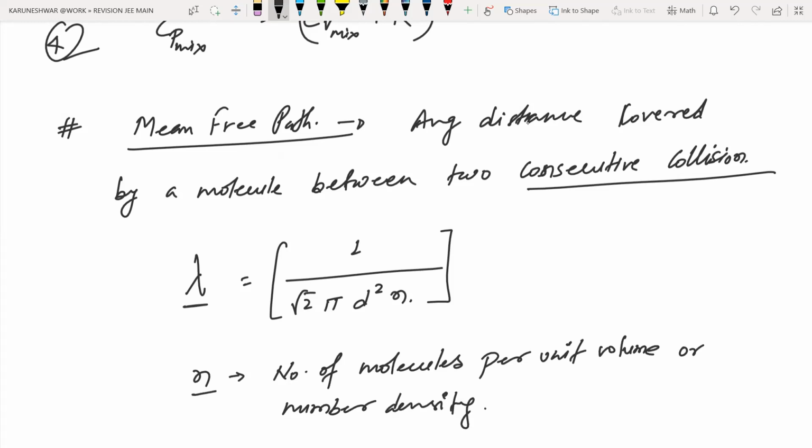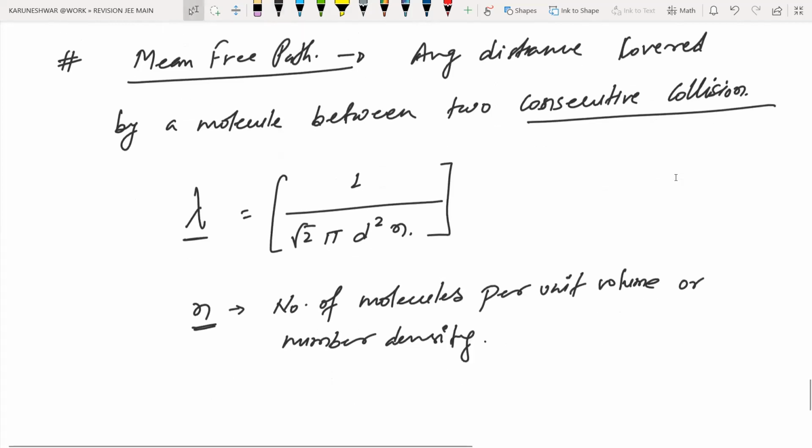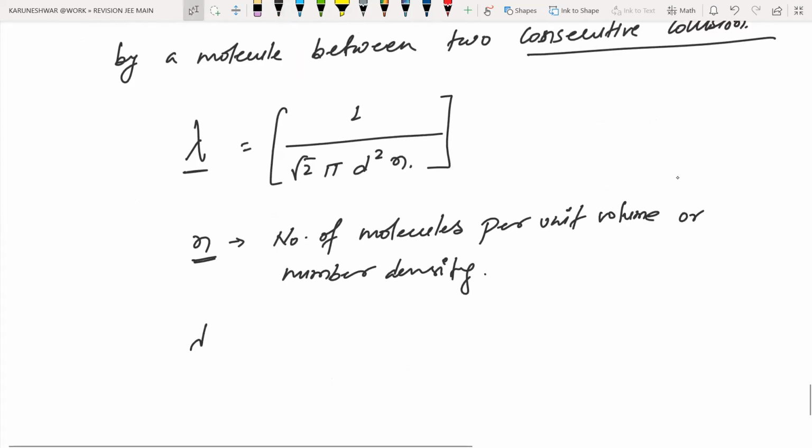That is the meaning of small n here. And then we have a small d also, which is the diameter of the molecule.